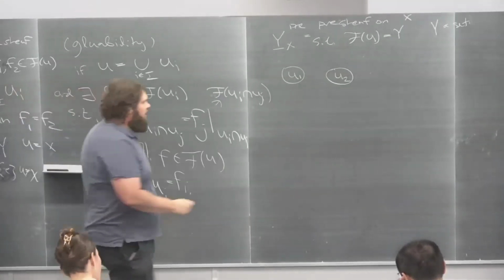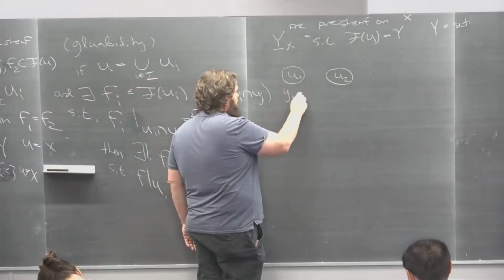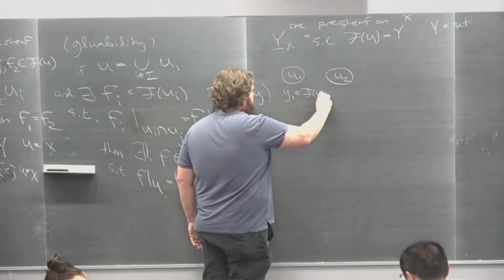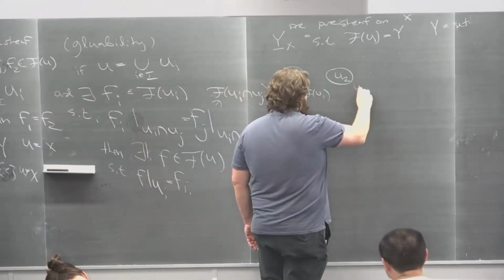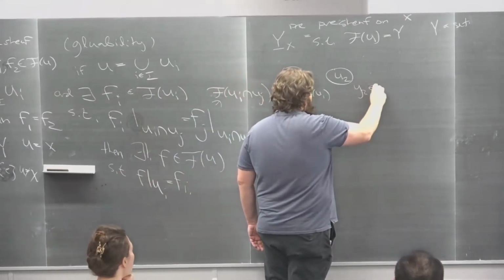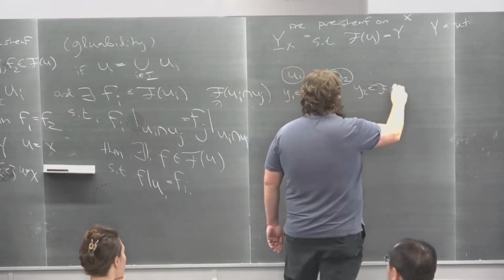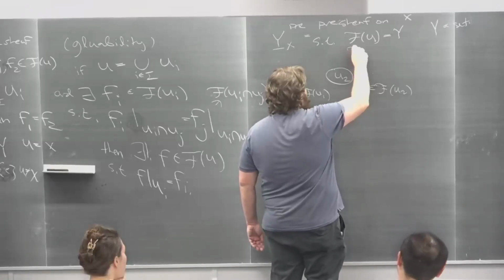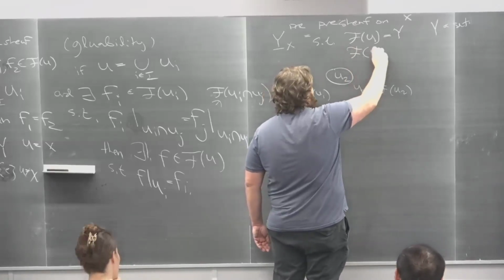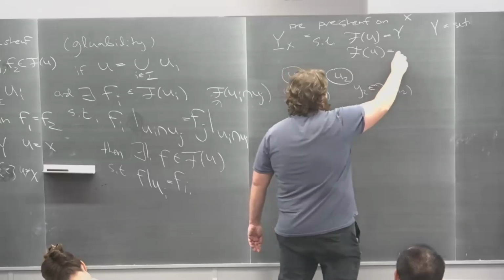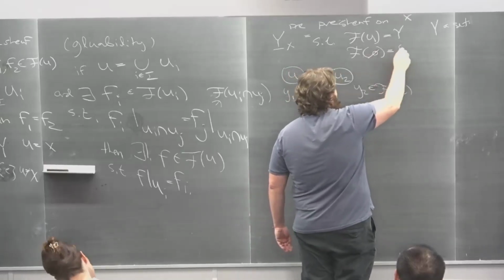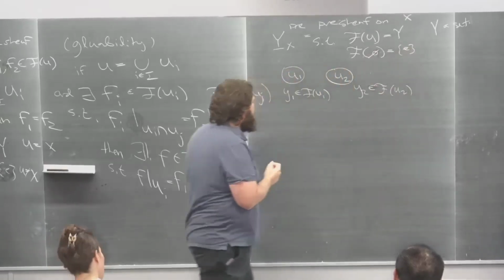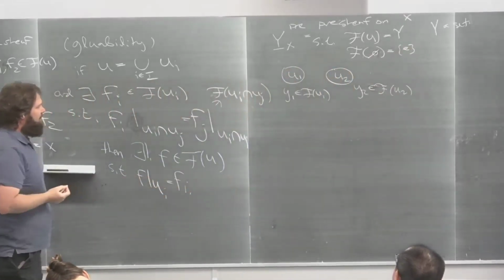So on here, I have a section y1 in F of U1. In here, I have a section y2. Oh, I made a mistake here. I have to let Y of the empty set be the one element set. My example isn't going to work.